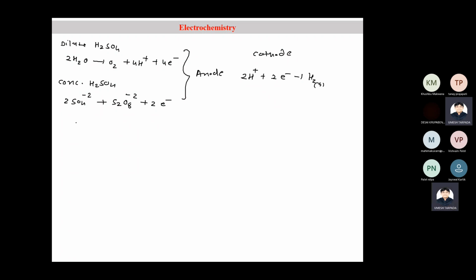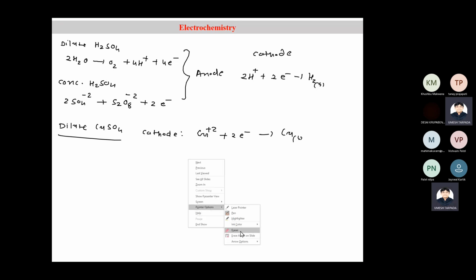This is the case for H2SO4, but next we have taken copper sulfate. So dilute CuSO4 is there. Then at cathode, what happens? At cathode, copper plus 2 undergoes reduction to give copper.